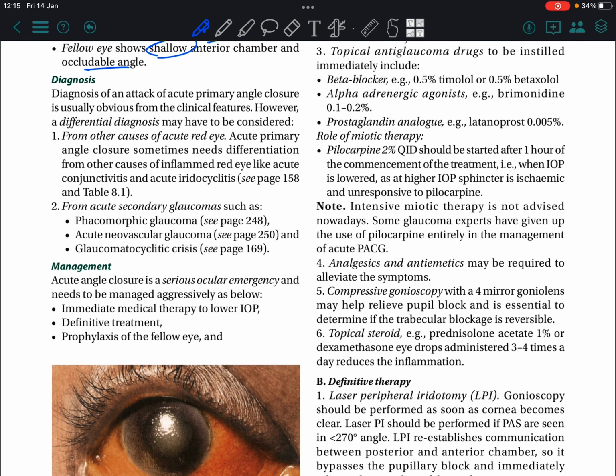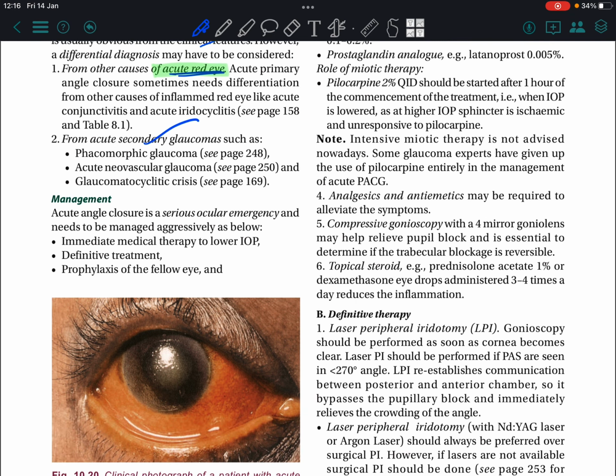Diagnosis of an acute attack of primary angle closure is obvious from clinical features. However, differential diagnosis should be considered from other causes of acute red eye. Acute angle closure sometimes needs to be differentiated from other causes of red eye like acute conjunctivitis, iridocyclitis, and from acute secondary glaucomas such as phacomorphic glaucoma, acute neovascular glaucoma, and glaucomatocyclitic crisis.